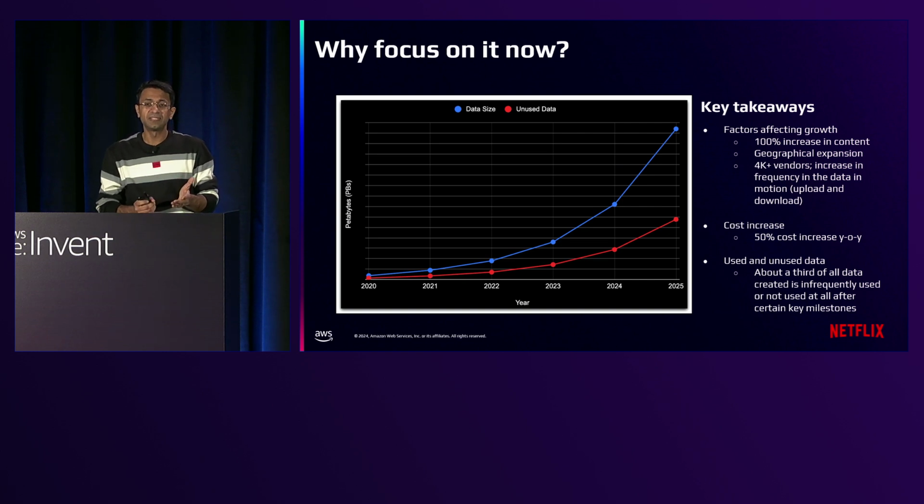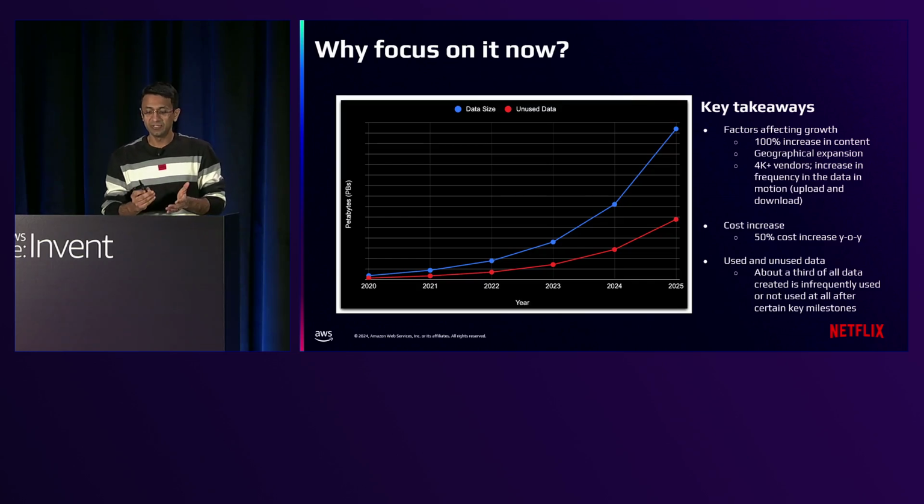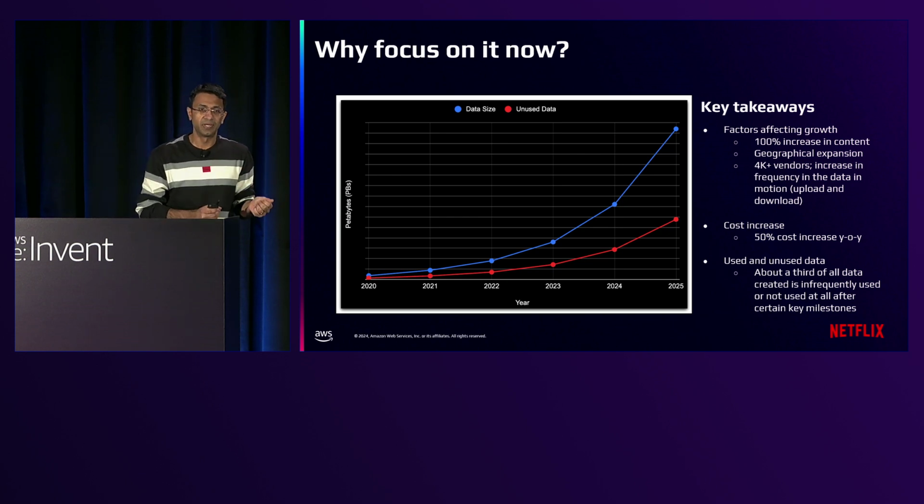But this explosive growth isn't without its costs. We are experiencing a 50% year-over-year increase in our storage and access costs. But here is where it gets interesting and concerning. With an increase in actively used data, we're also seeing a proportional increase in unused or dark data. This creates a significant efficiency challenge for us. Think of it this way.